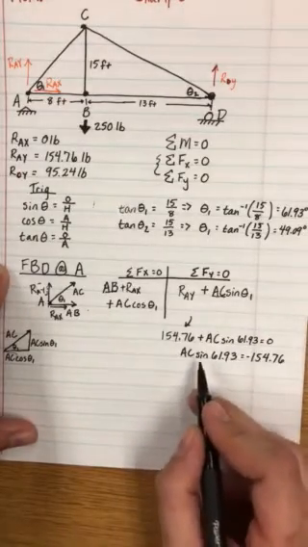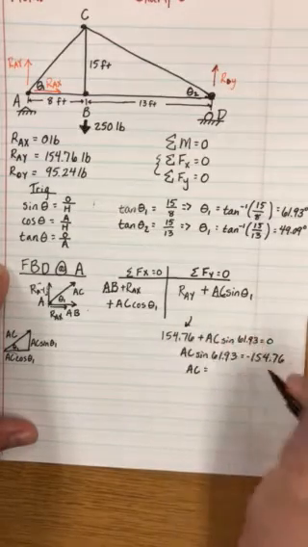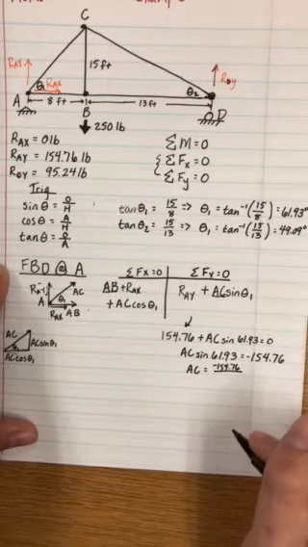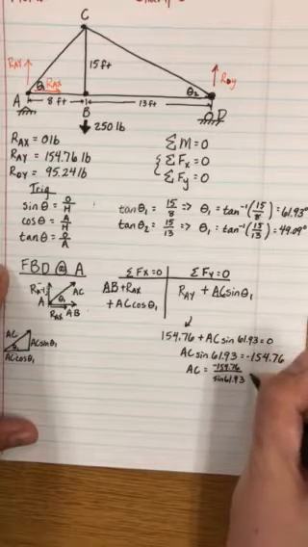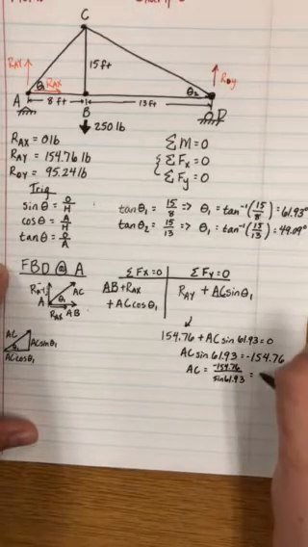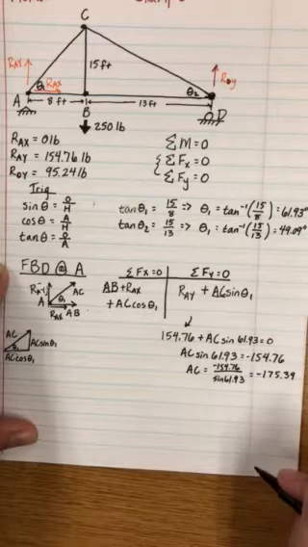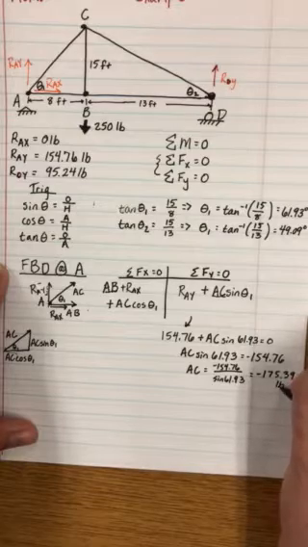Dividing both sides by sine of 61.93, I have AC equals negative 154.76 divided by sine of 61.93. And the value that I get there is negative 175.39. I'm going to round to the nearest hundredth. And remember, my units are in pounds.